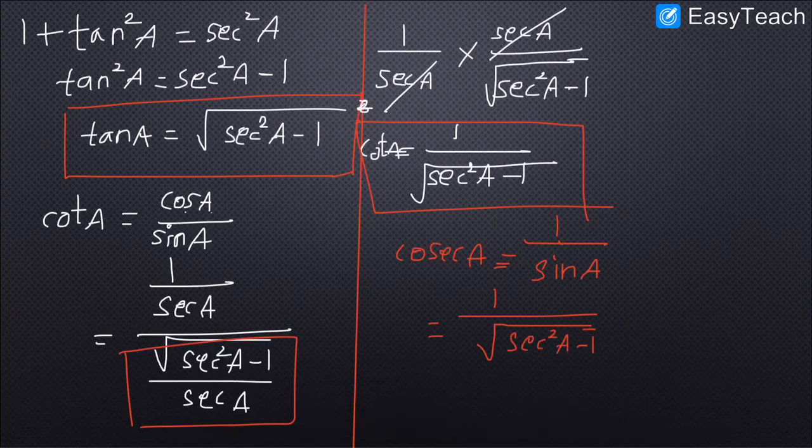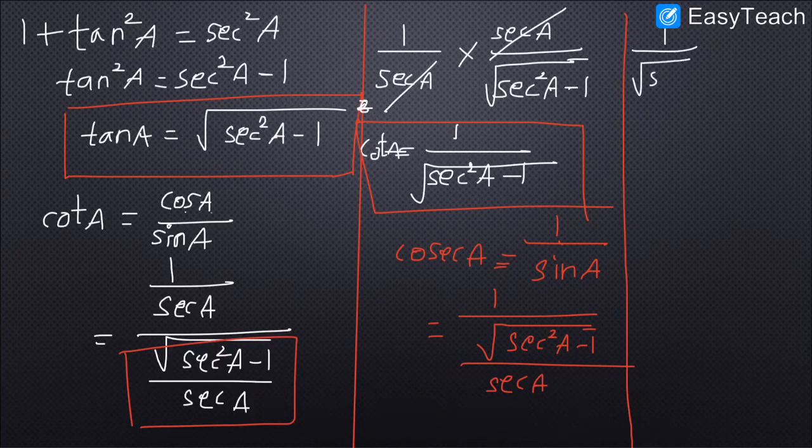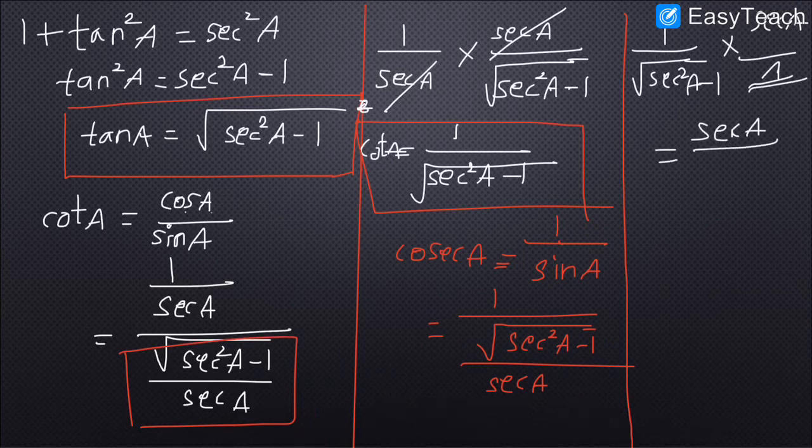Square root of secant square A minus 1 by secant A. So if you write it as a reciprocal, so 1 by square root of secant square A minus 1 into, so secant A goes up, so secant A by 1. So the answer is secant A by square root of secant square A minus 1. So this is for cosecant A.